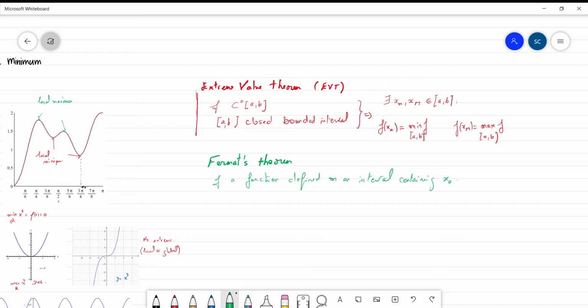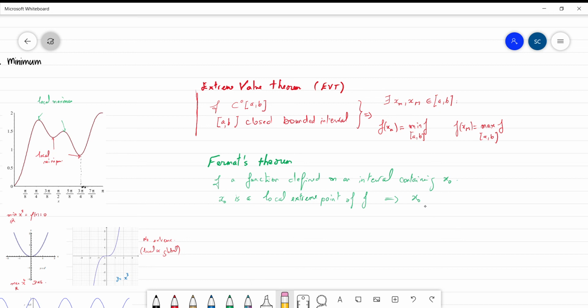If x0 is a local extreme point of f, then x0... let's express it differently this time.